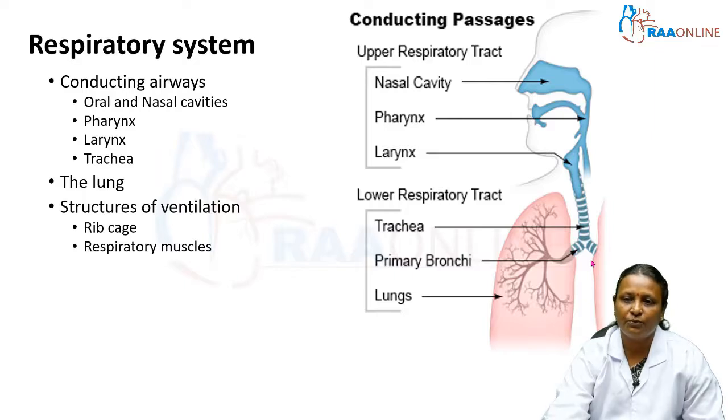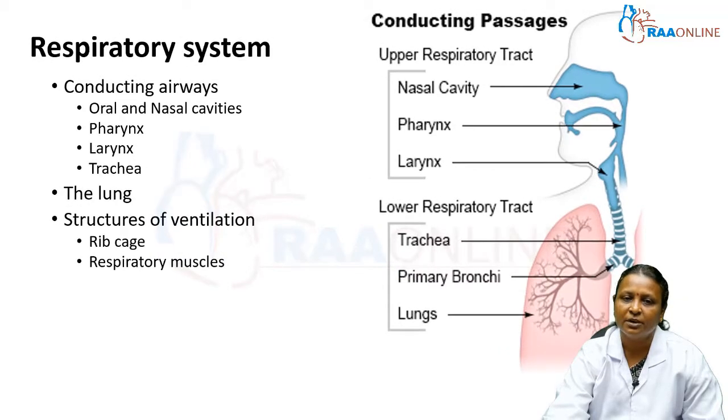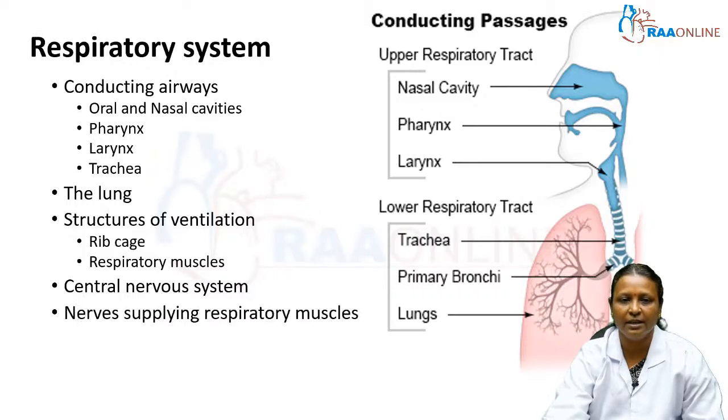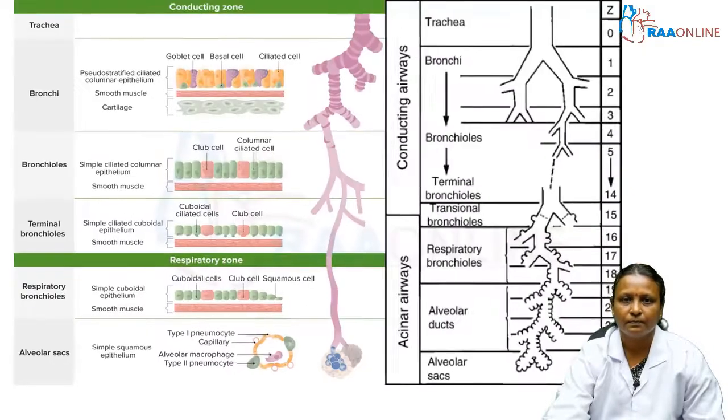So the structures of ventilation are mainly the rib cage, which keeps the lung within it in a protected state, and the respiratory muscles that are important for the movement of the rib cage. You have the central nervous system which controls all the activities and the nerves supplying the respiratory system. All together is very important for effective functioning of the respiratory system.